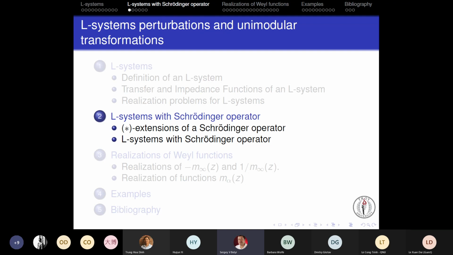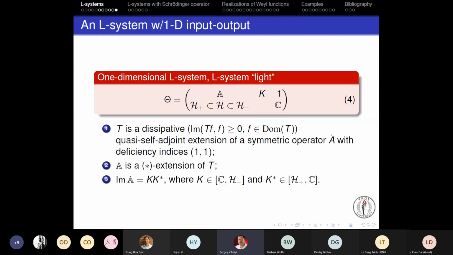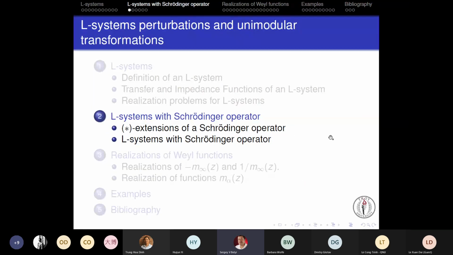Now let's talk a little bit about L systems with Schrodinger operator. Those are going to be the ones that fit the definition of a one-dimensional input-output system from the previous slide, L system. And usually they're used as a very nice model for system building like that.